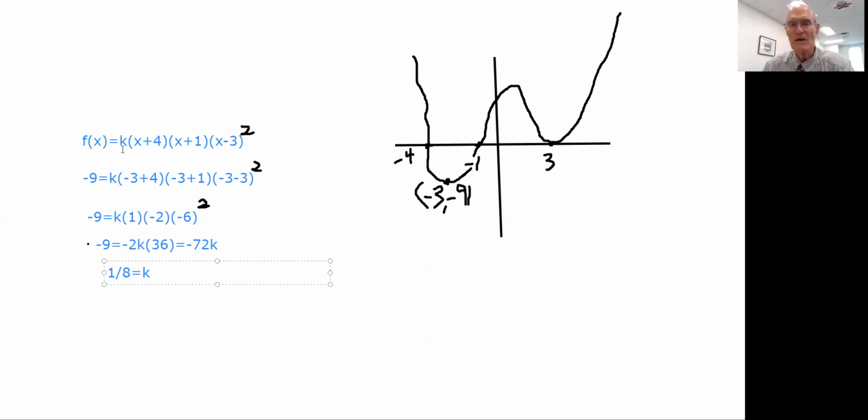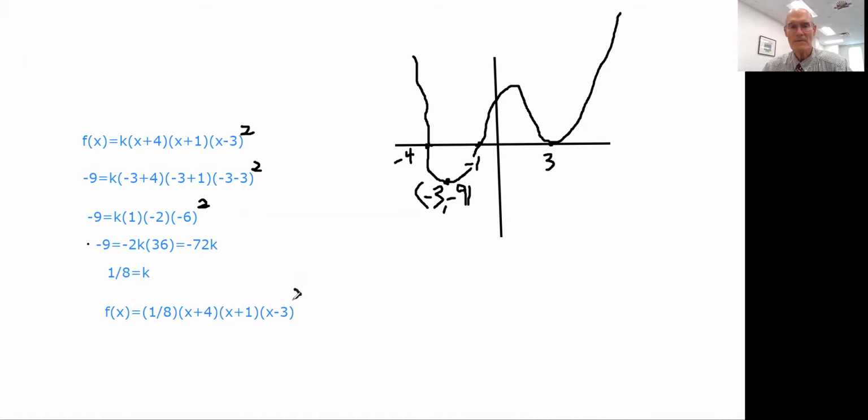If I go back to my original equation, my function would be f of x equals 1/8, that's my k value, times x plus 4 times x plus 1 times x minus 3, and then squared.